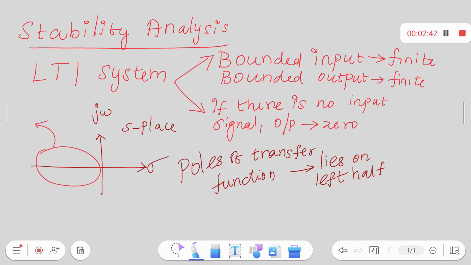If the pole lies here, then the system is said to be stable. If all my poles lie on the left half of the S-plane, then the system is said to be stable.